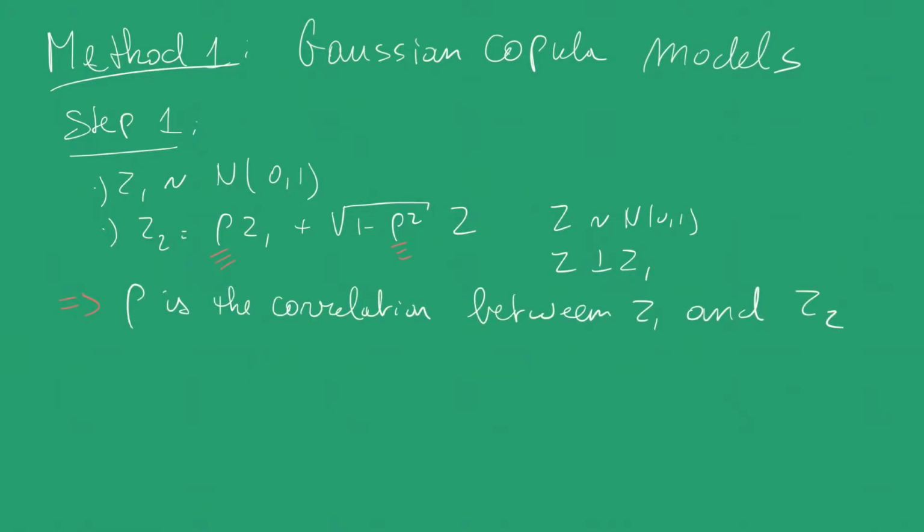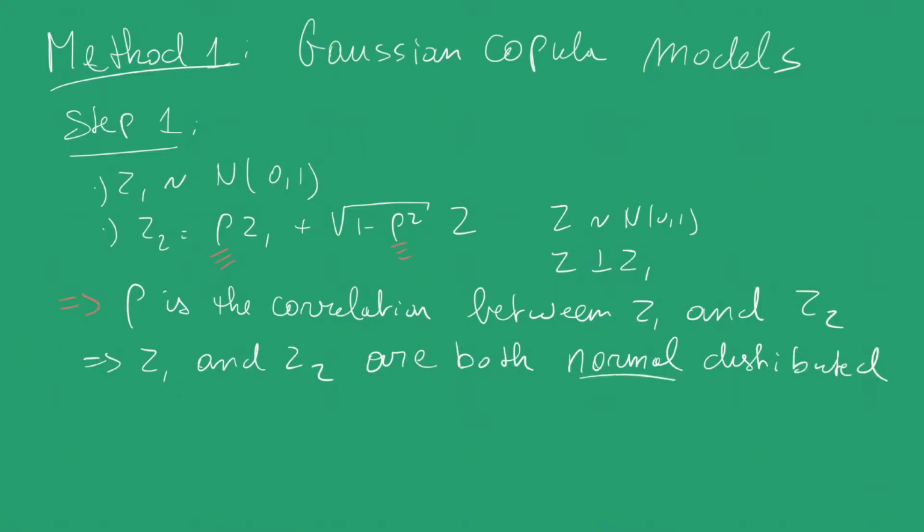Another property of z1 and z2 is that they are both normally distributed. More specifically, z1 is standard normal distributed by definition. Also, z2 is standard normally distributed.